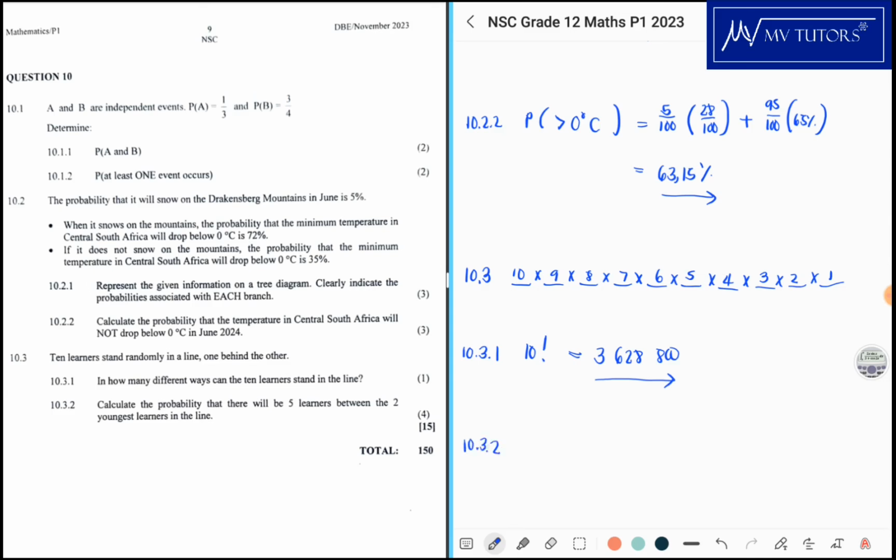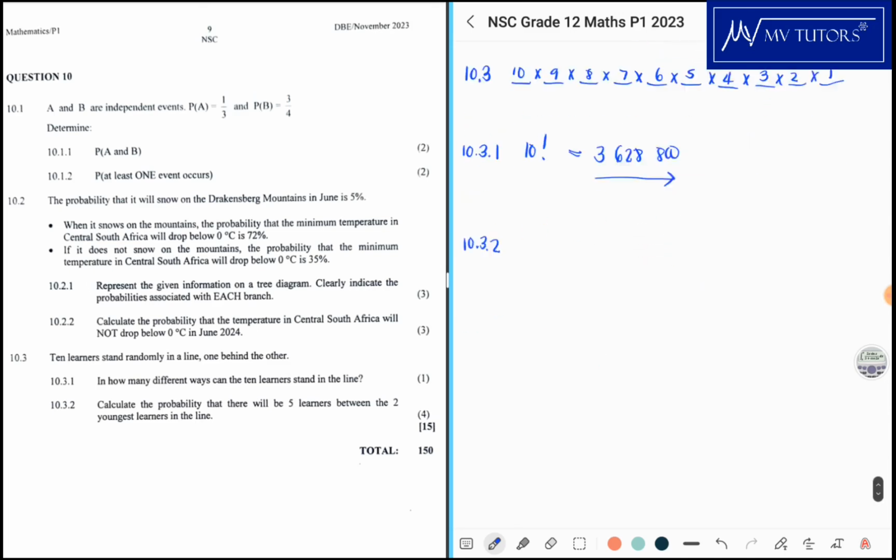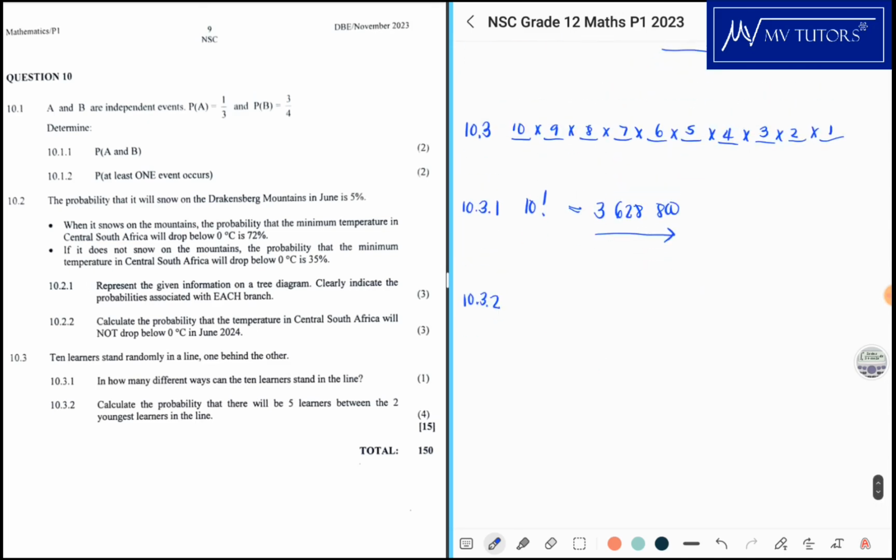10.3.2, it says calculate the probability that there will be 5 learners between the 2 youngest learners in the line. What does this mean? So let's say we have our 10 available spaces. 1, 2, 3, 4, 5, 6, 7, 8, 9, 10. So we must have 5 learners that are together.